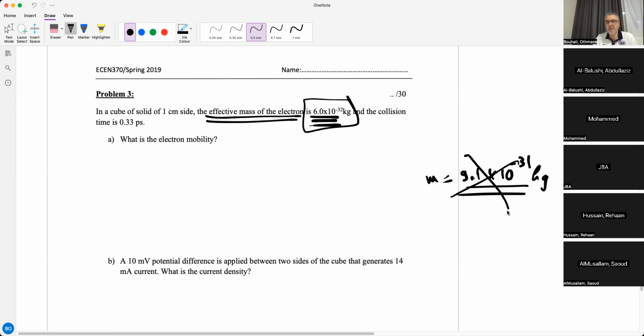6 times 10 to the negative 32 kilograms, and the collision time is 0.33 picosecond. What is the electron mobility? Any answer?